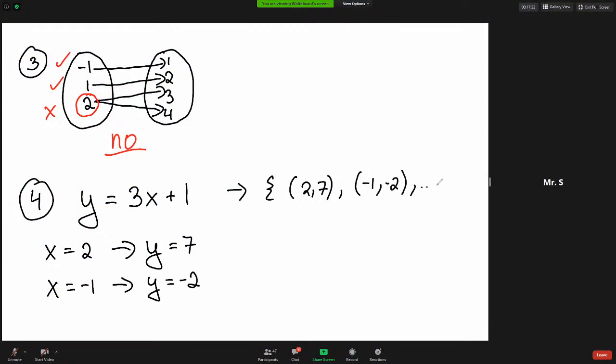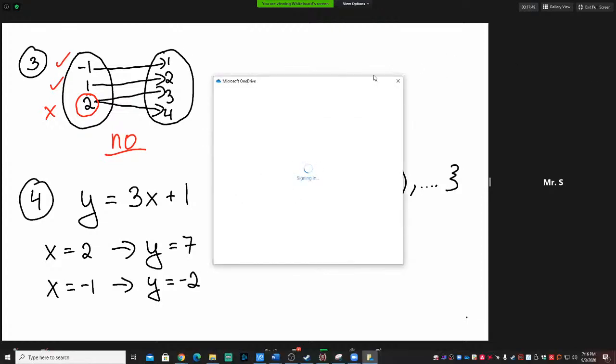But it's not just integers. We can also plug in rational numbers, irrational numbers. So we can plug in any real number for x and get a corresponding value for y, generating infinitely many x, y ordered pairs.